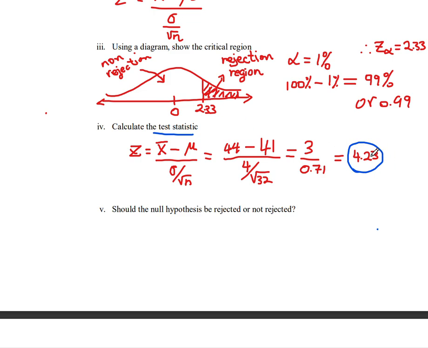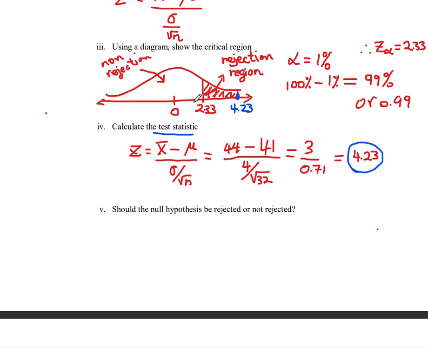Well, because 4.23 is clearly greater than 2.33, and remember that the further right you go on the x-axis, the larger the values become, 4.23 is going to fall clearly in the rejection region here because it's a bigger value than 2.33.